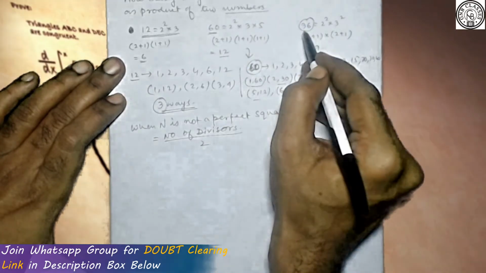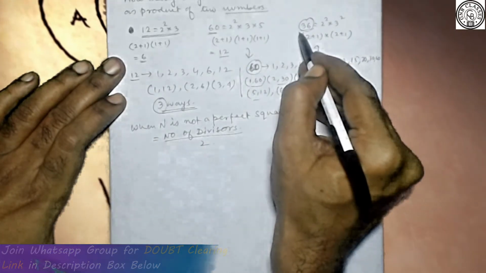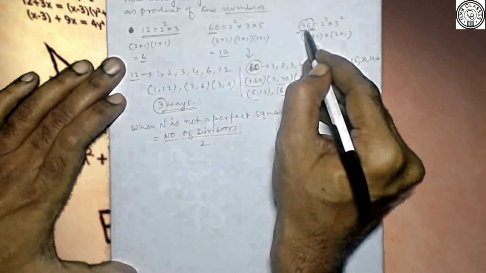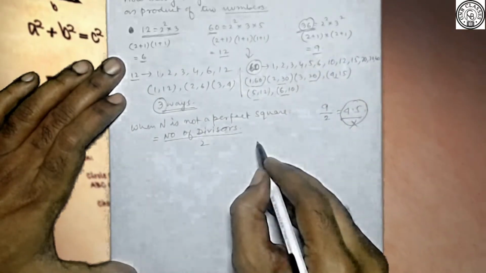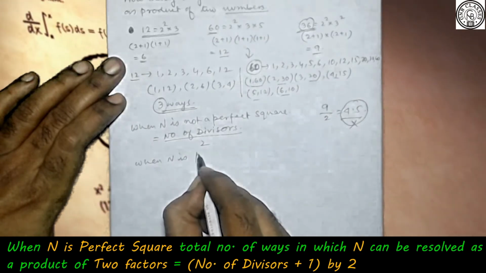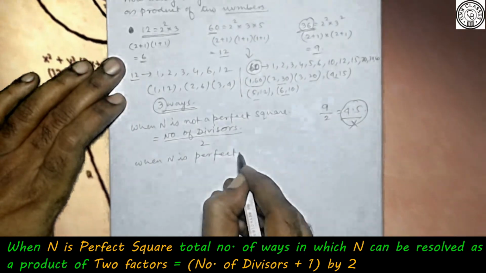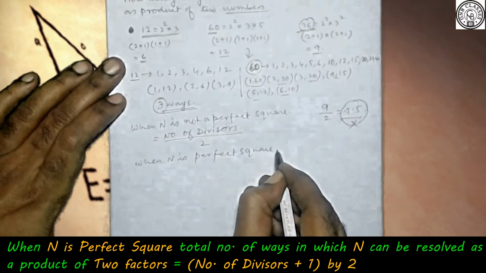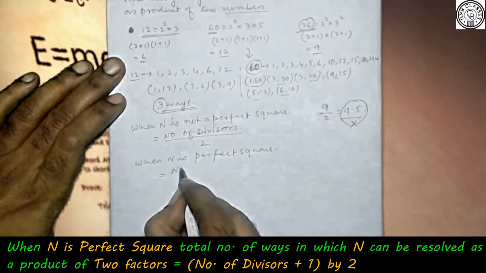So what we do when we find that the natural number n is a perfect square, we calculate it in this way.